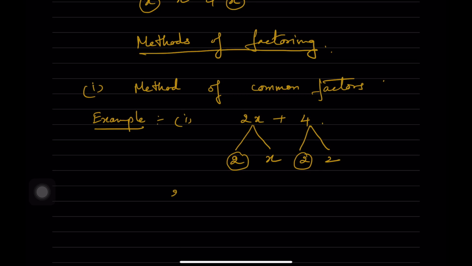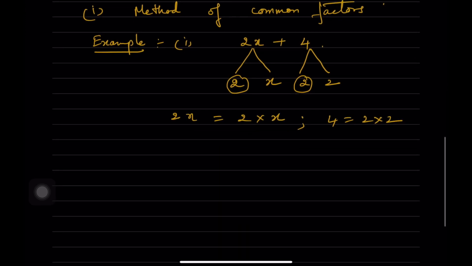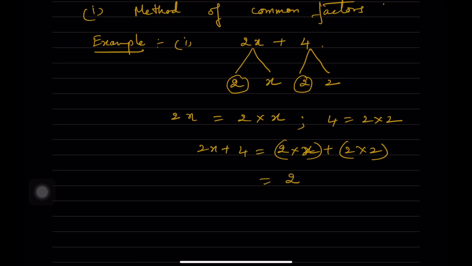So how can you write this? You can write 2x as 2 into x and 4 as 2 into 2. Therefore 2x plus 4 can be written as 2 into x plus 2 into 2.